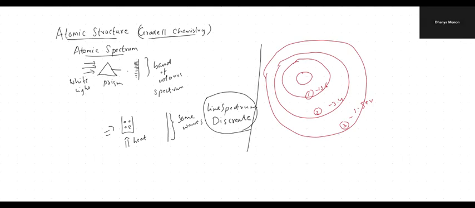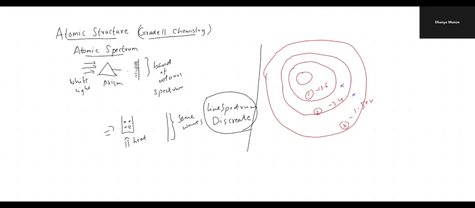Suppose the electron is in the second orbital, and if it loses energy and returns to the first orbital, the energy has to match with the first energy level, right?